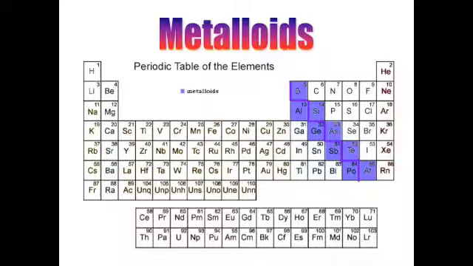It starts on the left of boron, and it does a little staircase motion all the way down to the line between polonium and astatine. So metalloids, just keep in mind, they go down a little staircase, and they have properties that are kind of in between metals and nonmetals.